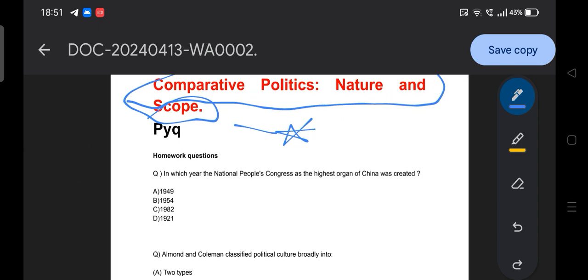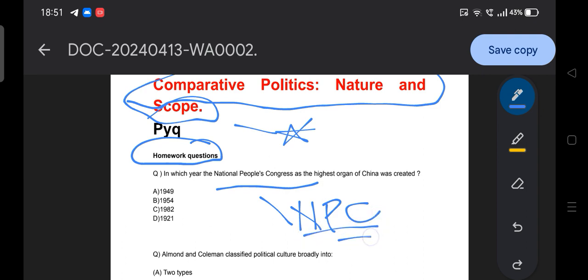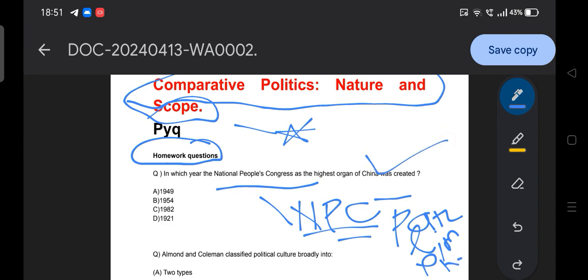Before starting our lecture, let's look at the homework question from the last session. The question: in which year was the National People's Congress, that means NPC, the parliament of China, created as the highest organ of China?